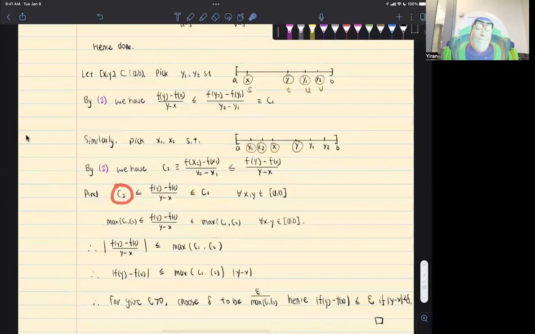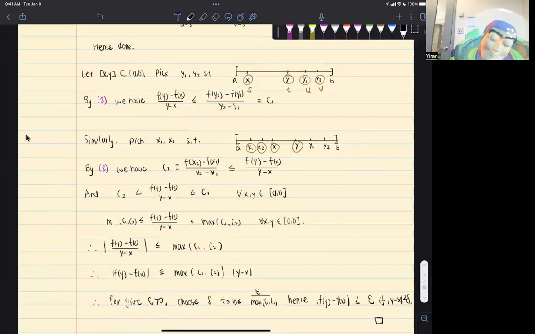If it's larger than C2, then it is larger than the maximum. I think that is not correct, because what if C2 is smaller than C1 and you're larger than C2? I think what I need is to change this to min.